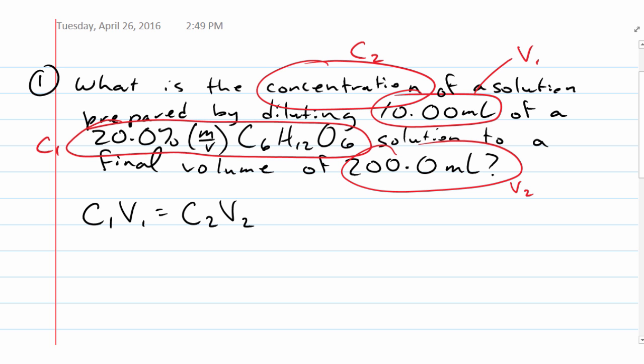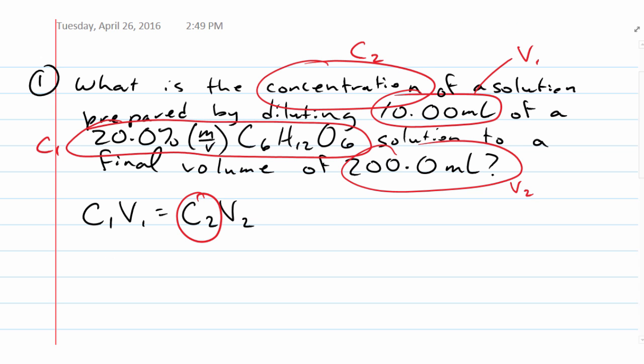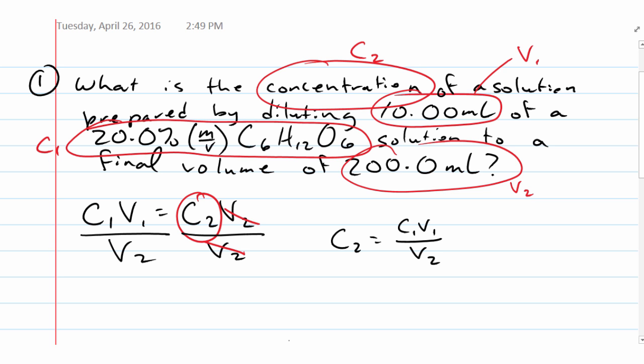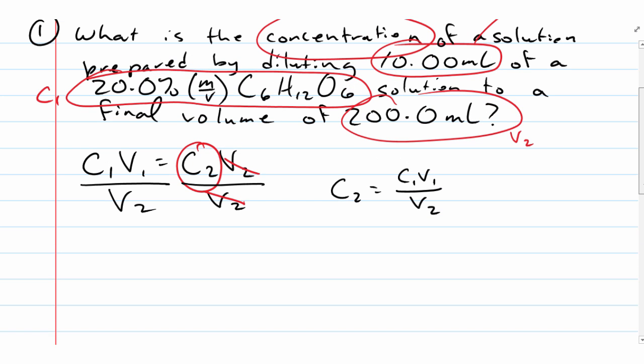So for this one here, we want to find what is C2. To get C2 by itself, we have to take each side and divide by V2. Once we divide by V2, we find C2 is equal to C1 times V1 all over V2. We can then plug in our values.